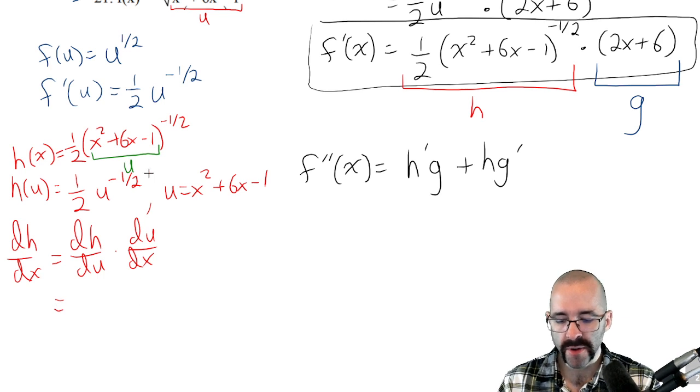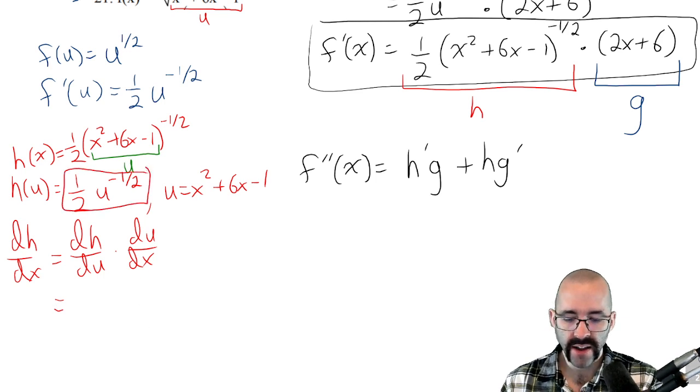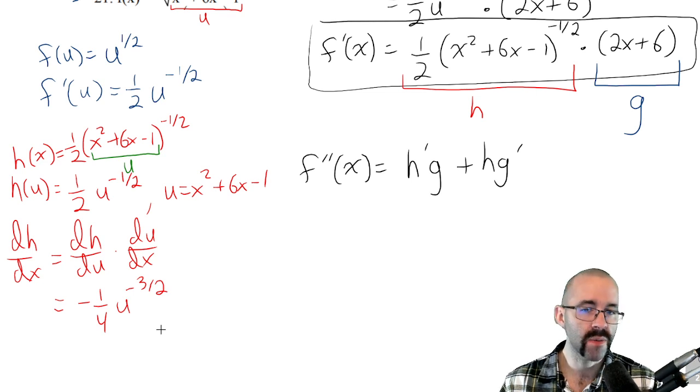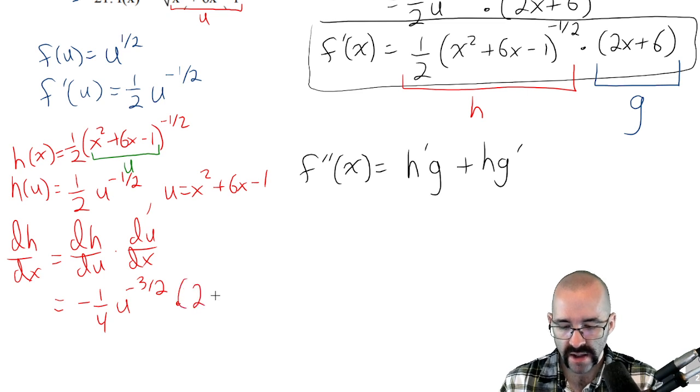Using similar steps from before, taking the derivative of this with the power rule gives us negative 1/4 because the negative 1/2 comes down, and we subtract 1 from the exponent, which gives negative 3/2. The derivative of u with respect to x is 2x plus 6.